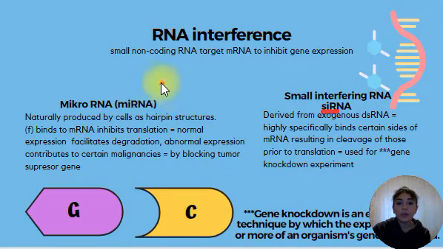In the case of microRNA, it is naturally produced by cells as hairpin structures, right? What it does, it binds to messenger RNA and inhibits translation. It can occur normally when it functions to facilitate degradation in our normal cells, right? And abnormal expression of it can occur when it inhibits a tumor suppressor gene.